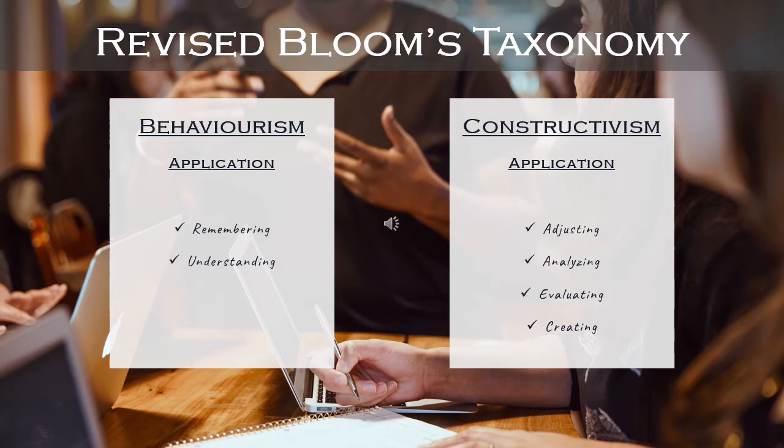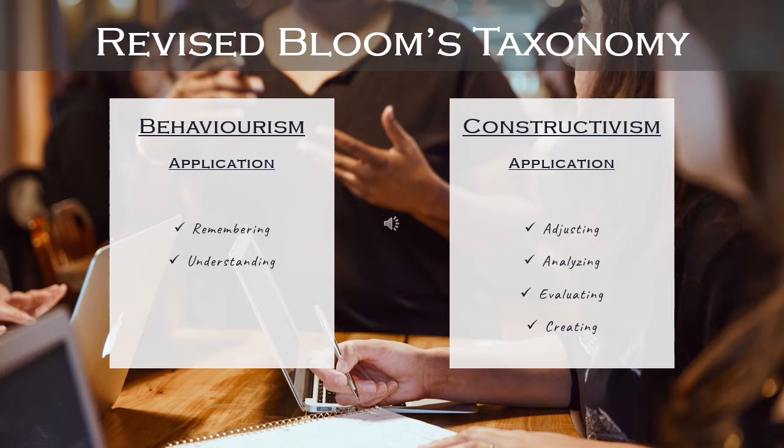Revised Bloom's taxonomy is a model that's used to classify different types of learning into different levels based on complexity. I thought that behaviorism and constructivism cater best to some of these types of learning and not others. So I decided to break that down to help me decide what I want to do within my course and how I want to present certain types of information.